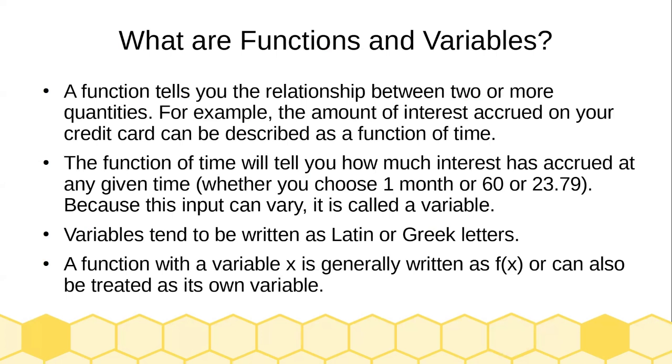So in this case, it's the interest accrued on your credit card or on a mortgage or on a student loan versus time, which is your independent variable. And then the dependent variable is the function, which would be the amount of money that you owe.